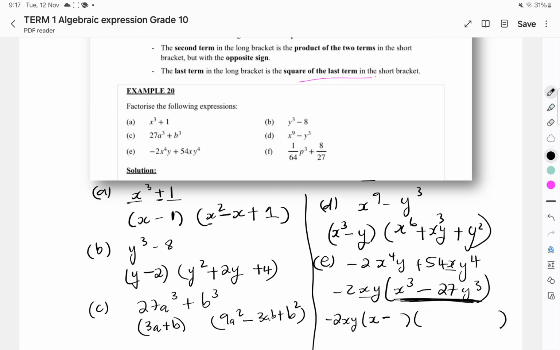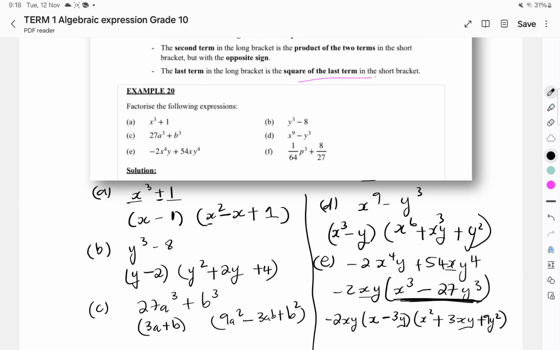You'll see that you get 3, but this will be 3y. And that's what you have for the bracket. And then this bracket, you square this one, this will be x squared. And then plus, you square that one, it will be 9y squared. And then if it's minus, it's going to be plus in the middle. Multiply the 2, 3xy. And then you are done.